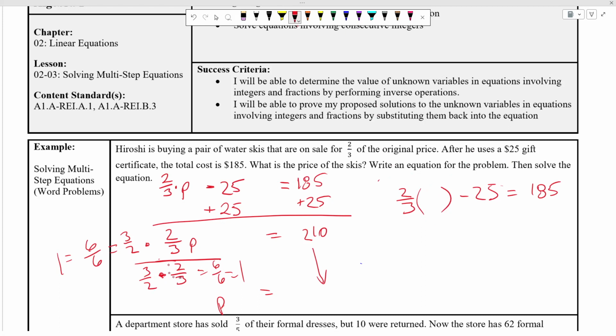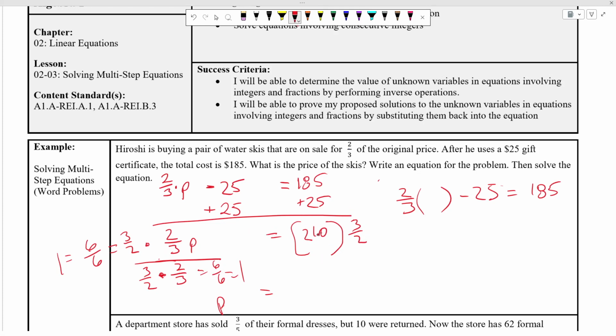Yes, I got rid of it here, but I had to do it to the other side. Whatever you do to one side of the equation, you have to do to both. I sort of lost sight of that as I was explaining and going through all this, but no worries, we're back on track.